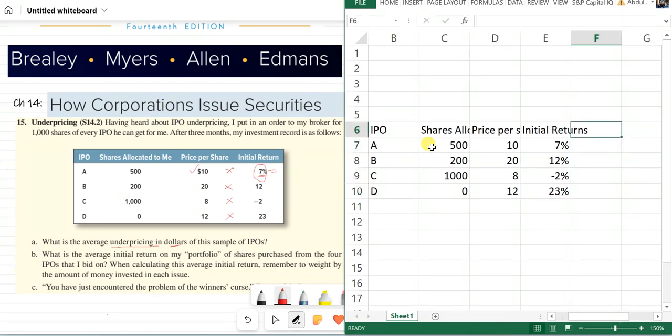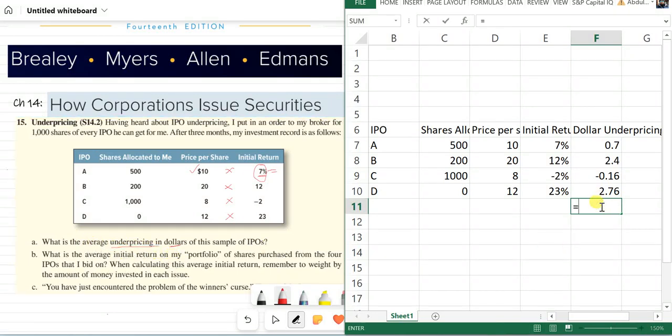To calculate the dollar underpricing, we just take the share price and multiply it with the returns, and we drag it, and all the underpricing will be calculated. Now our requirement is average underpricing.